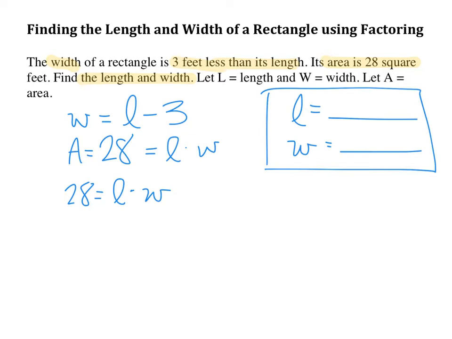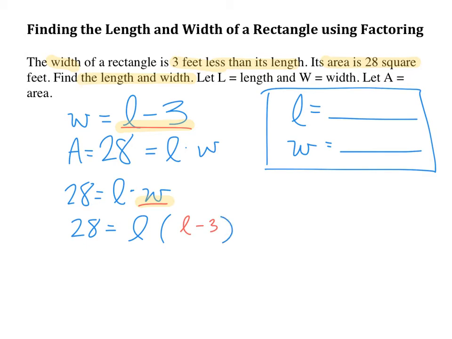Since I have a formula for W, I can substitute L minus 3 in for W, since that's the same as W. That way I'll only have one variable, L, which I can solve for. So I'm going to plug that in there: 28 is equal to L times L minus 3.